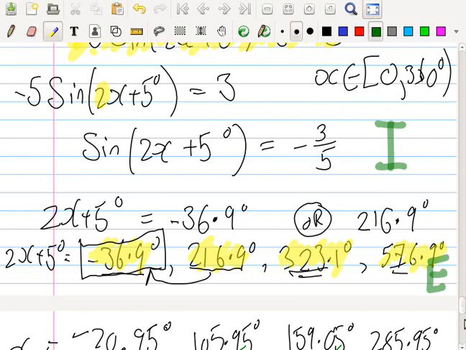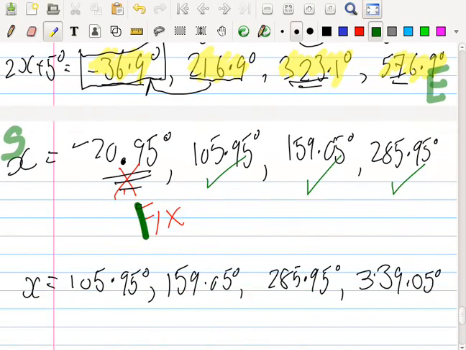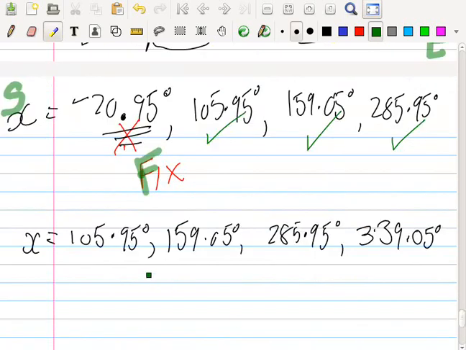I'll call that the E step for extra answers. The next thing to do is to simplify the angle into an x. So I'll call that the S step. And the last step is to fix any broken angles. I'll call that the F step. So you have steps I, E, S, F.